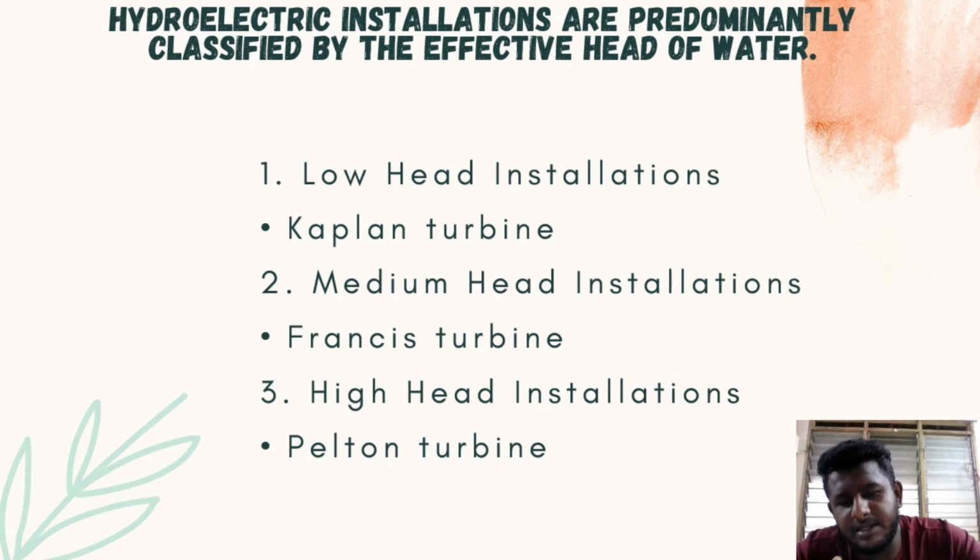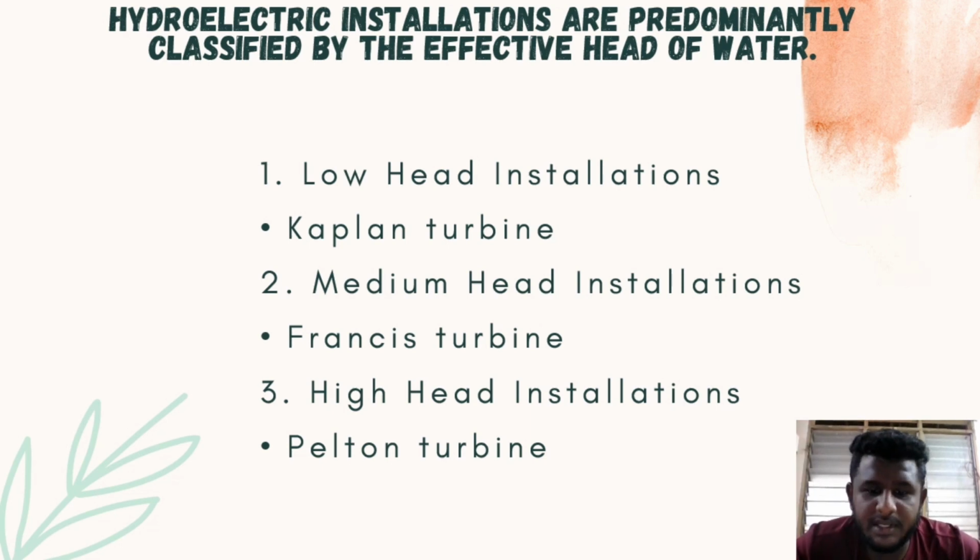Medium head installations typically have a head of water between 30 and 300 meters. Those installations are commonly found in mountain regions and are used for power generation and irrigation.